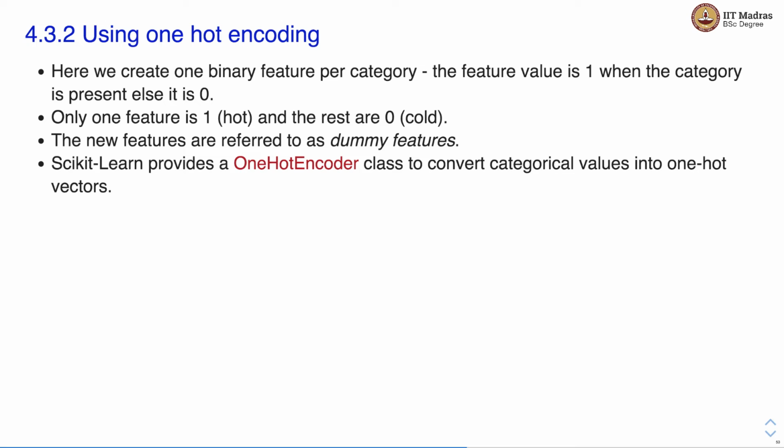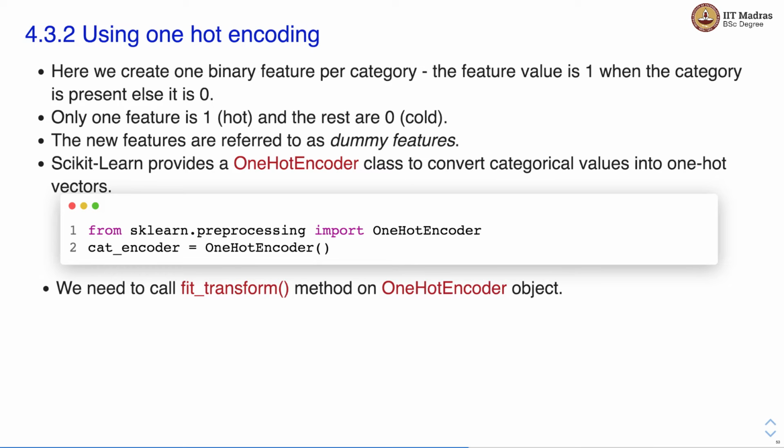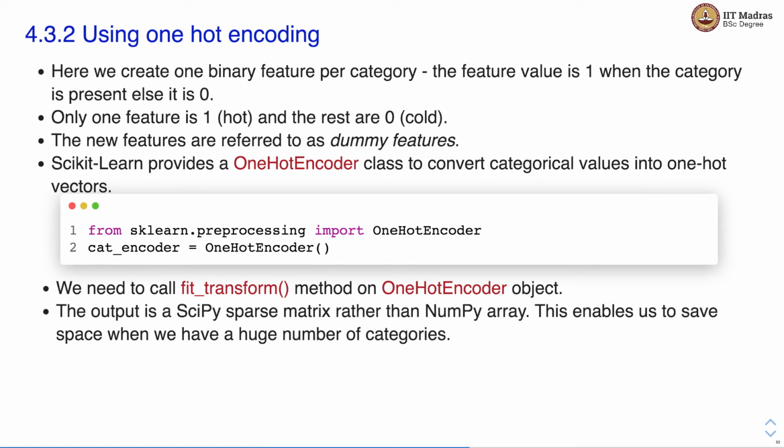Scikit-learn provides the OneHotEncoder class to convert the categorical values into one-hot vectors. And again, OneHotEncoder is a transformation, so it has the fit_transform method. It returns a SciPy sparse matrix as an output rather than a NumPy array because the new representation is pretty sparse.